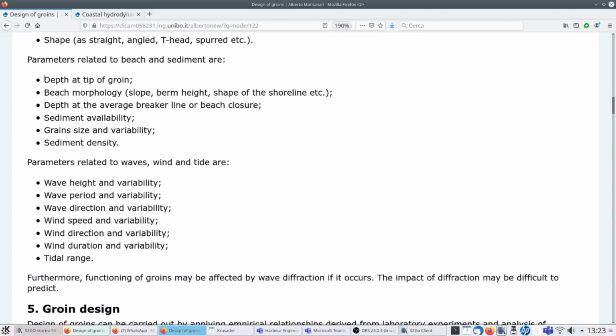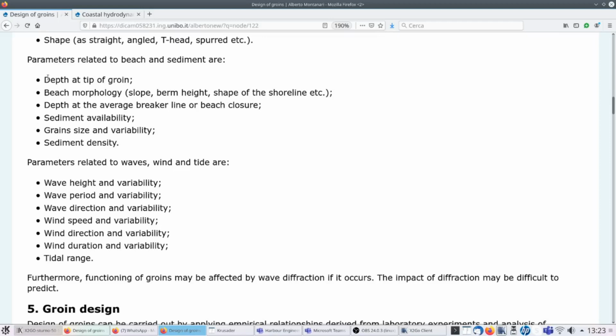So the depth at the tip of the groin. The tip is the seaward end of the groin. And the sea depth at the tip is important because it determines whether bypass may take place or not. The beach morphology, the slope of the beach, the berm height, it's also effective.